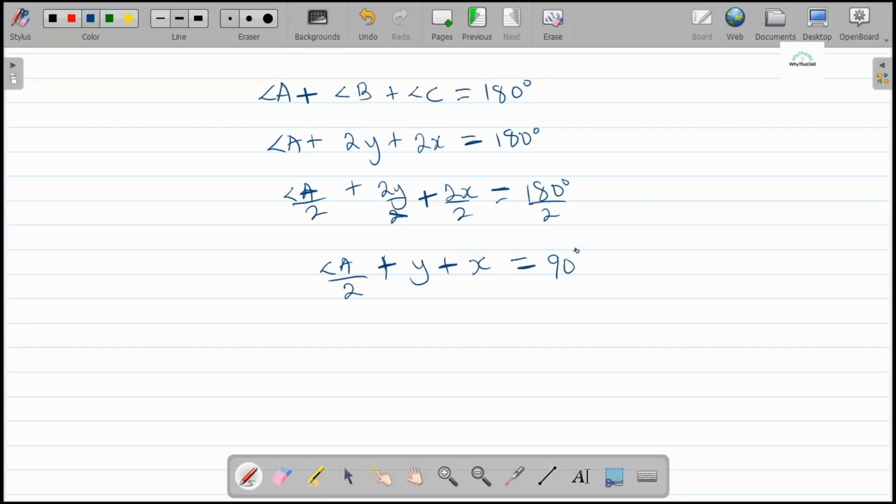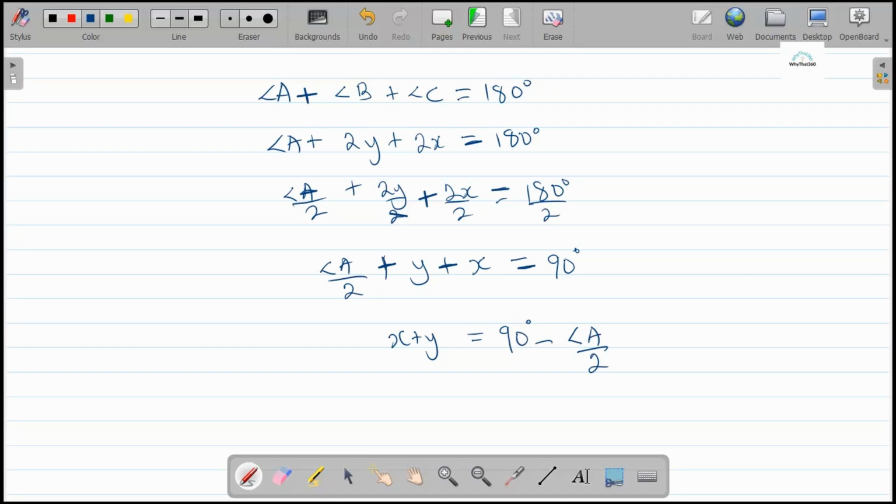Now let's make x and y, or x plus y, the subject. So we are going to get x plus y, or y plus x, to be equal to 90 degrees minus the angle at A, also divided by 2. That gives us the angle x plus y.